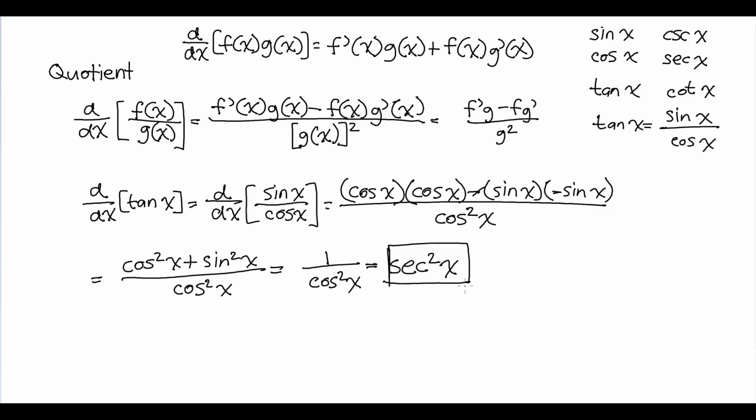Okay, and you could use the quotient rule similarly to derive derivatives for all the other functions. If you were to do that, you would get the derivatives of all 6 trigonometric functions. So I'm just going to list them out. The derivative of sine of x equals cosine of x.